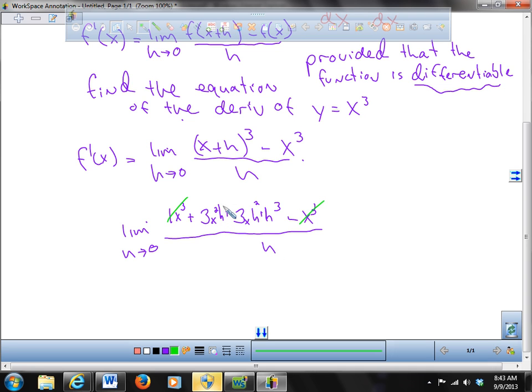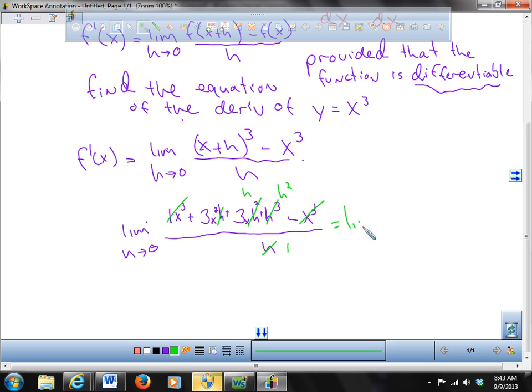You see how there's 1h over here, so that turns into a 1. There's an h squared over here, that turns into an h. There's an h cubed over here, that turns into an h squared. And this just turns into a 1, right? See what I did? I pulled an h out of all those terms. I took a couple of steps at once, but this minus this disappears, which allows me to cancel an h out of the top and bottom.